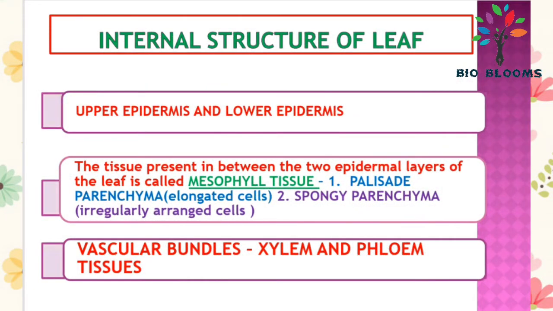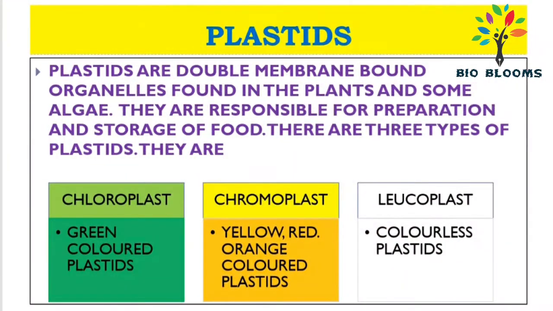Next, internal structure of leaf. The flowchart is given here clearly, showing the transverse section of the leaf. Here the mesophyll tissue, as already discussed, has palisade parenchyma as elongated cells and spongy parenchyma as irregularly arranged cells.